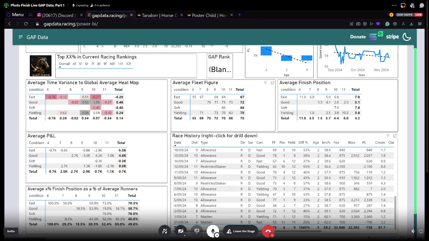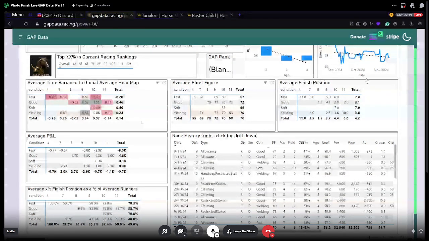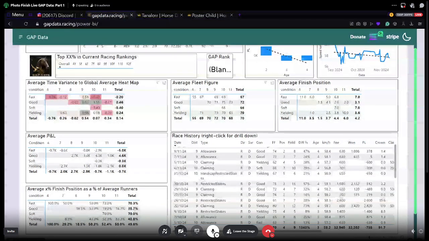So the fleet figures are more based on comparing 8 yielding versus other 8 yieldings. You've got to compare the actual race, the actual distance and the actual condition. You ran a lot of different types of races, so all your stats are not super helpful, but you can get some information out of it.